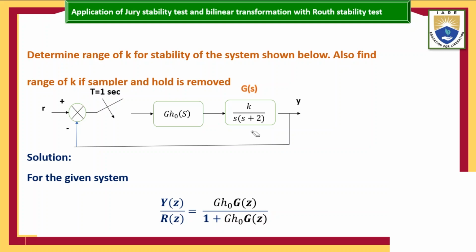These blocks, G of s, the zero order hold device, and the sampler, are in the forward path, and the terminals are connected with a unity feedback system with negative feedback.